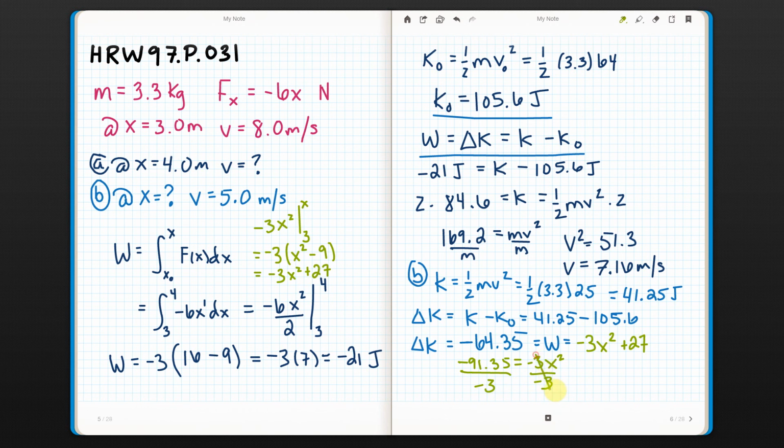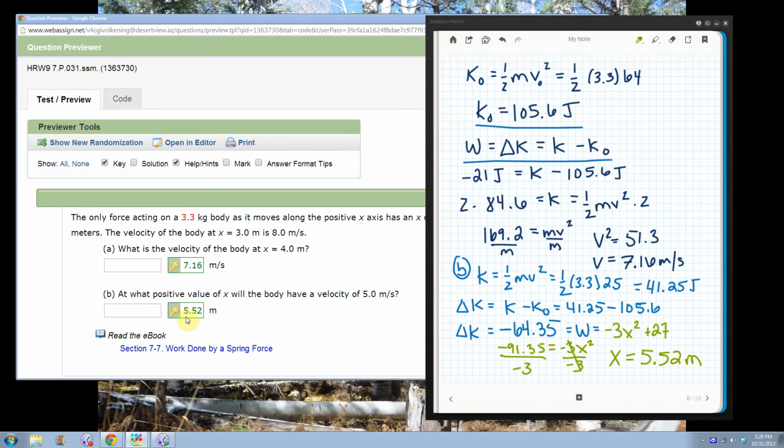And I end up with, see over here, I get 30.45, and then I square root that, so I end up with x equals 5.52 meters. Go check that. Yep, 5.52. So that's it.